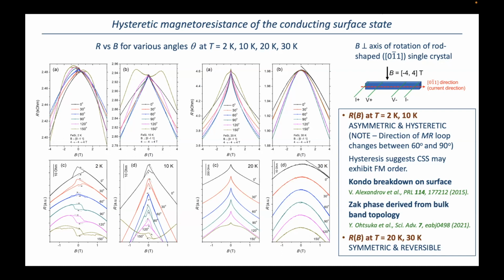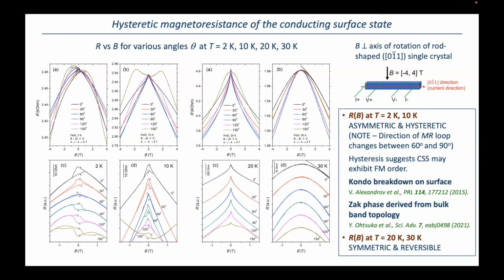The other thing to notice is that the direction of the magnetoresistance loop changes when you go between 60 degrees and 90 degrees. You see right here very clearly. So what happens for these two panels is that the resistance is asymmetric and hysteretic.